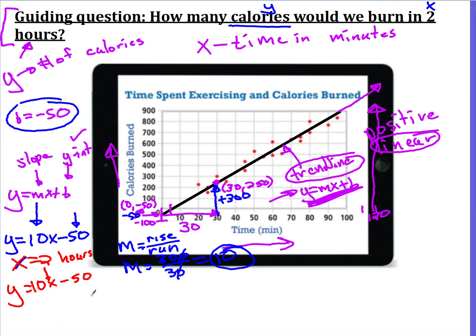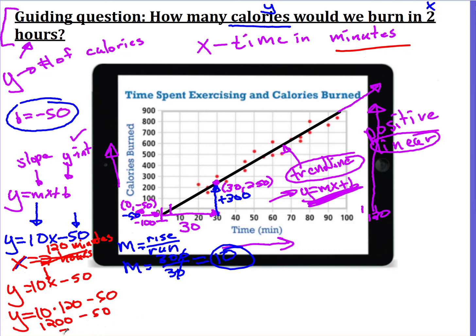So the amount of calories I should have burned in 2 hours is y equals, oh, and one quick mistake here. Let's put this in the units that we use. This shouldn't be 2 hours. This should be 120 minutes, because we defined x as time in minutes. So be careful here. That makes it 10 times 120, not times 2, minus 50. So 10 times 120 is just 1200, minus 50.